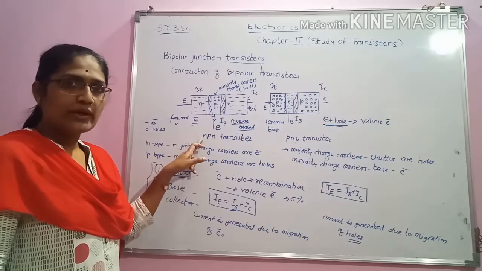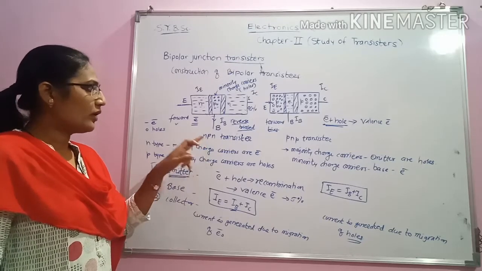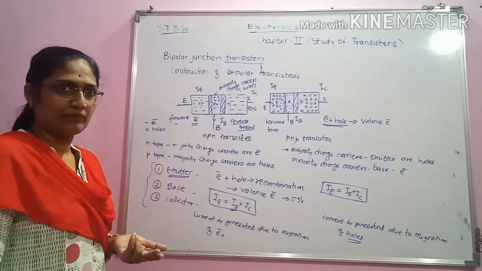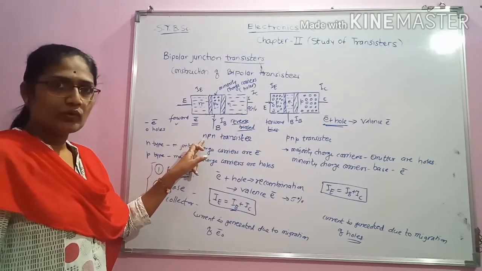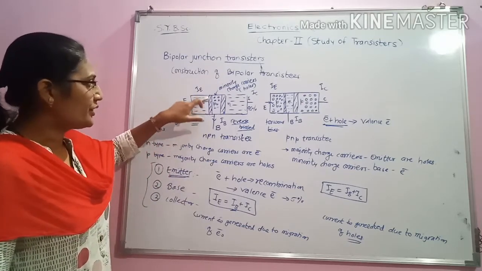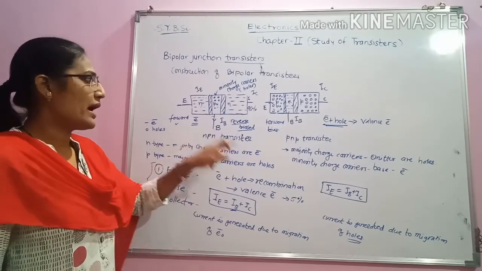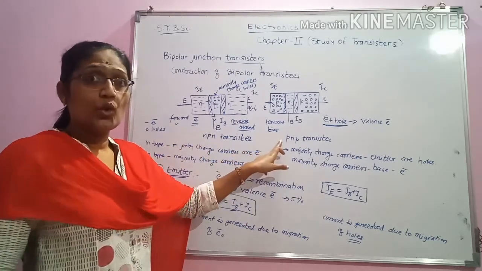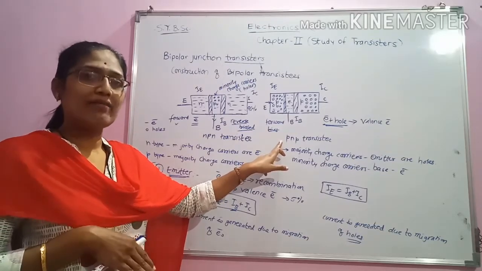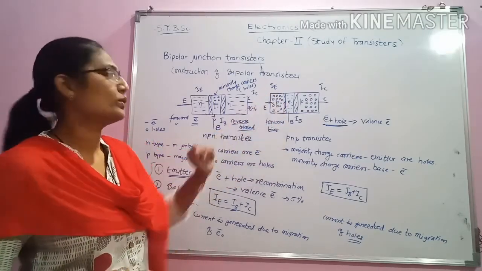In order to form an N-type material, doping is done such that a pentavalent impurity is added in pure semiconducting material, and hence electrons will be in excess, and therefore the majority charge carriers in N-type material are the electrons. In case of P-type material, we dope the pure semiconducting material with trivalent impurity, and therefore the majority charge carriers are the holes.